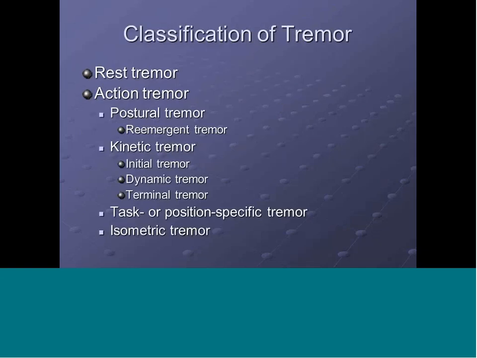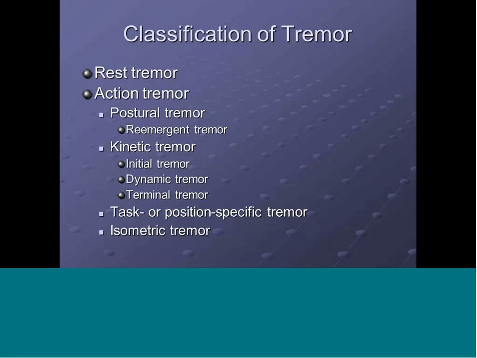Tremor is classified into resting tremor, which is most typically seen with Parkinson's, however sometimes in essential tremor as well. But otherwise, action tremor, which can be postural or re-emergent tremor. Re-emergent tremor we see typically in Parkinson's disease, in which case people, when they're asked to hold their hands outstretched, typically we see essential tremor or action tremor in that position.